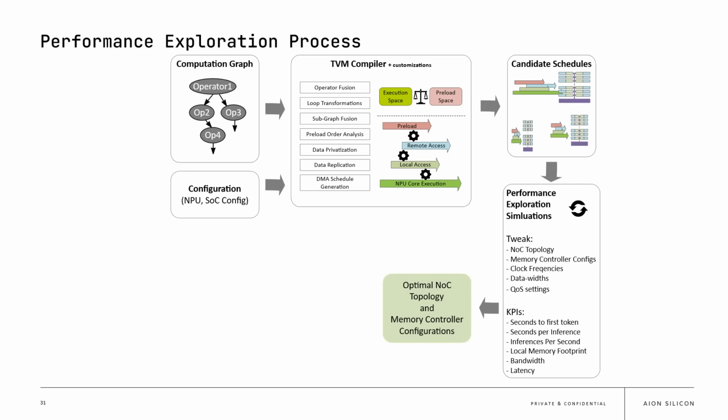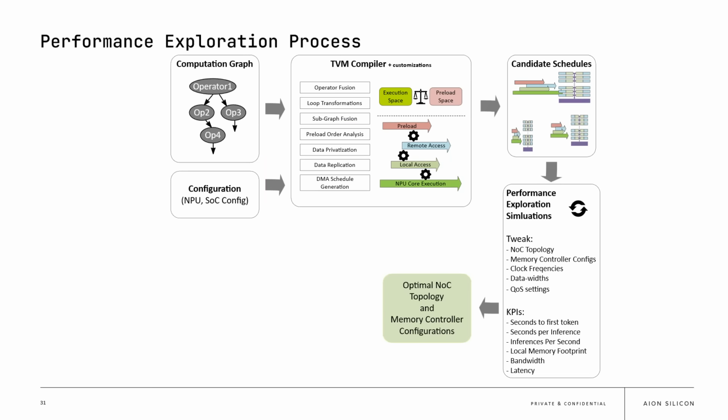Such a graph is then analyzed by an AI compiler, which performs several transformations and analysis to work out what is the best partitioning of your execution and preload space, what is the trade-off in terms of sizes between the two, and what is the best ordering of your preload transfers, your remote accesses, your local accesses, and also the execution activity of each core.